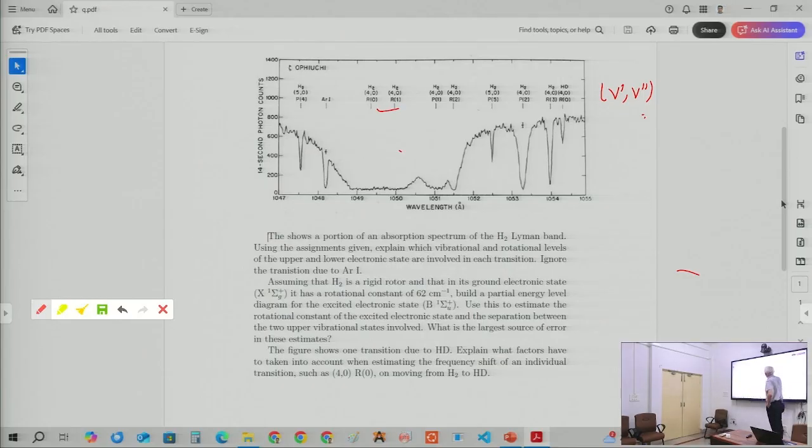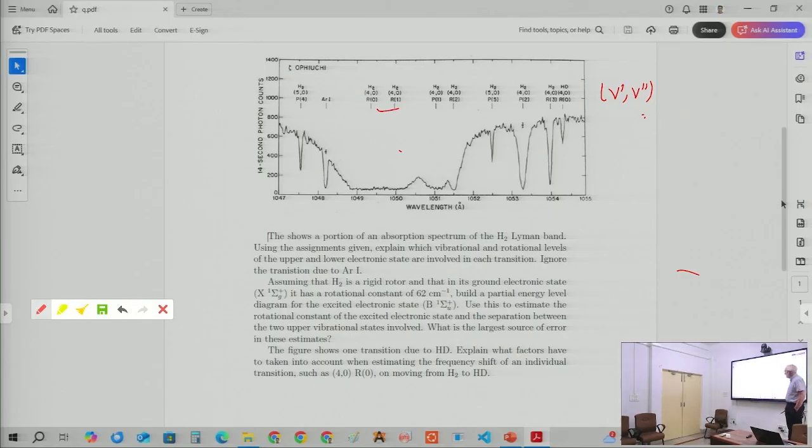Then after that, we have the rotational labels, where the J in the brackets is the starting level. So R0, for instance, is starting from J equals 0 in the lower state, going to J equals 1 in the upper state. P1 and R1 both start from J equals 1 in the lower state.